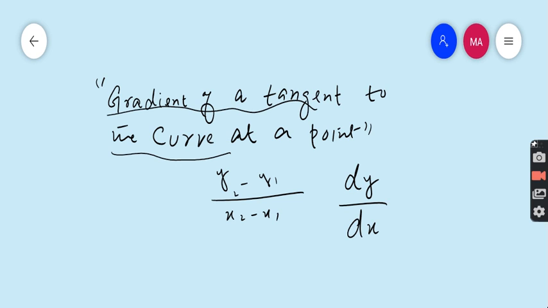It is called the derivative. So in exercise 12.1 we will learn how to find the derivative of a simple function. Let's start question number 1, exercise 12.1.